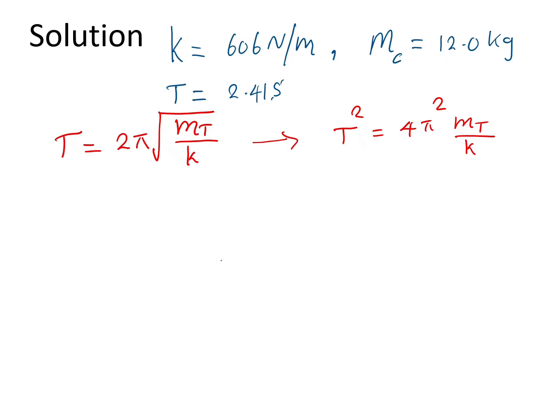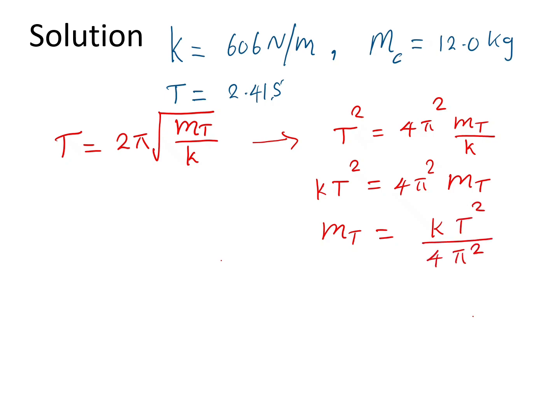And then we want to find total mass, so we can multiply both sides by the spring constant. We get spring constant times T squared equals 4 pi squared m total. And then from here we get the total mass is equal to k T squared divided by 4 pi squared.